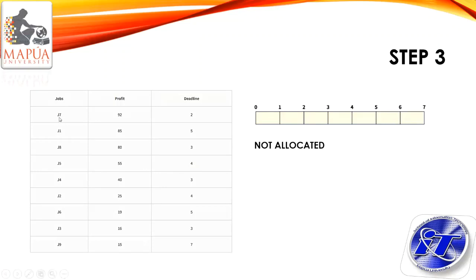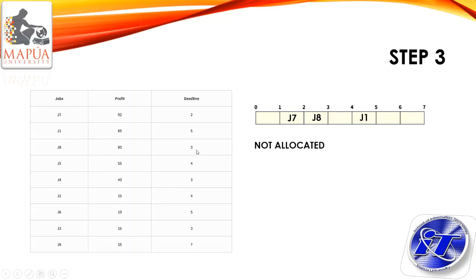So let's allocate job 7 first. Deadline 2, so we fill up the second slot for job 7. Job 1, deadline 5, so the fifth slot for job 1. Job 8, deadline is 3, so the third slot in our Gantt chart.